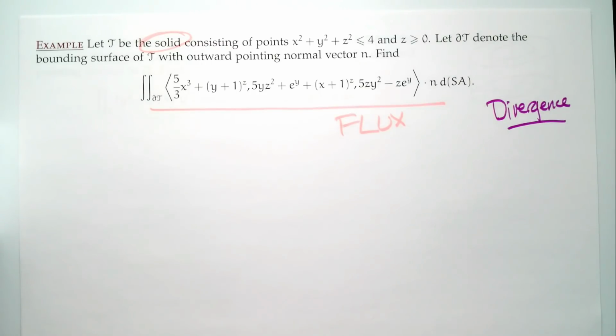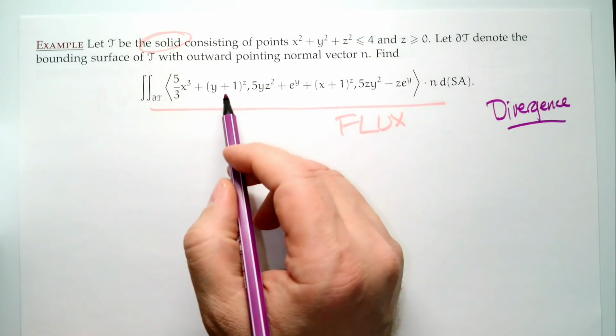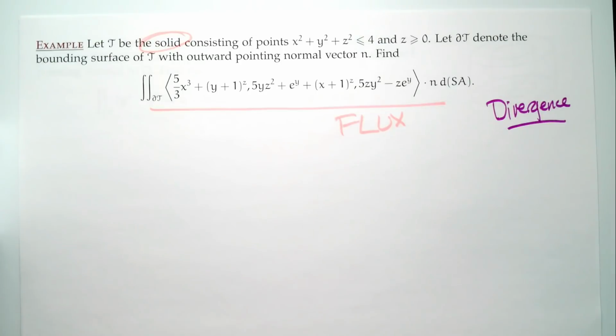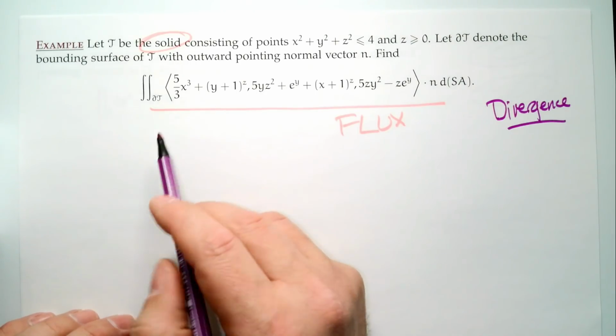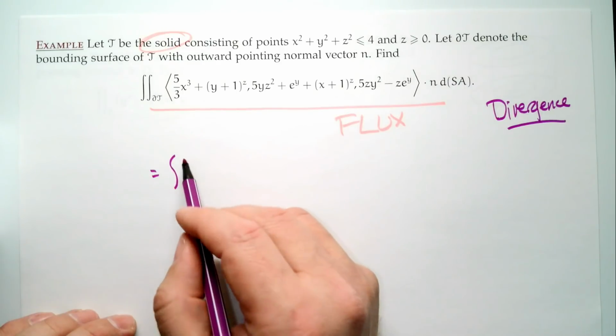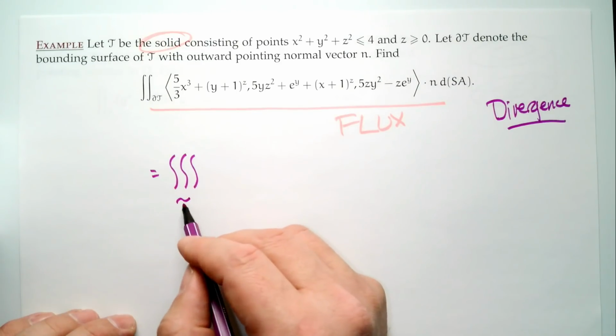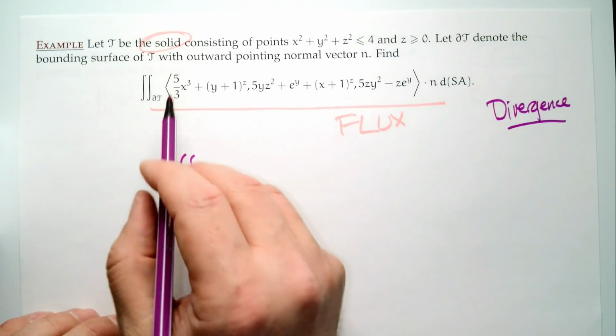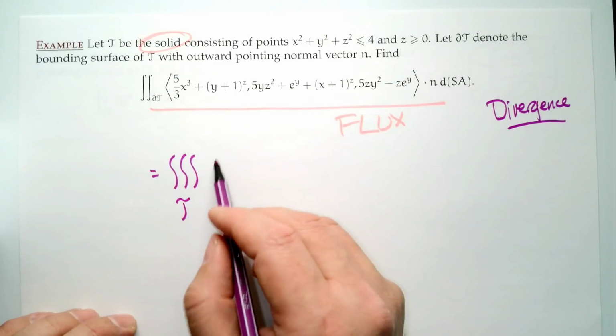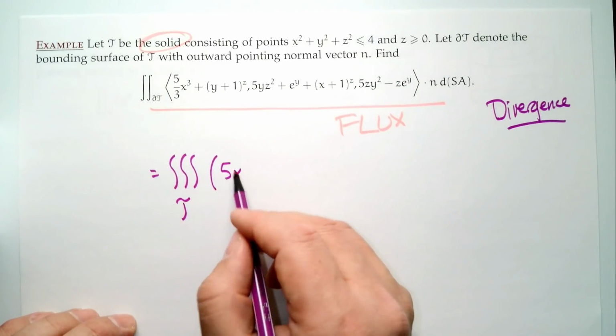Let's see, is there anything interesting that happens here? Of course, you have some very scary looking terms, like (y plus 1) to the z. Whoa. But it's not that scary. We can handle it. If you apply divergence, it becomes the integral over the whole solid T of 5x squared.